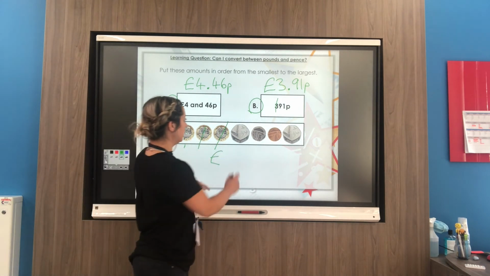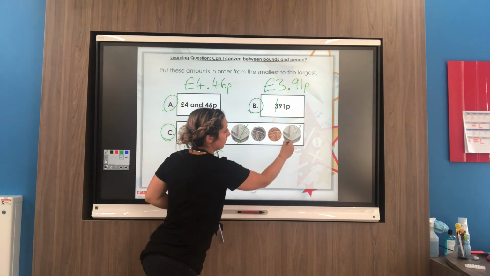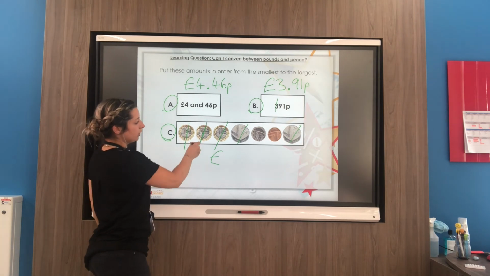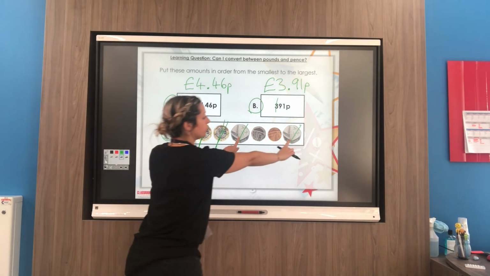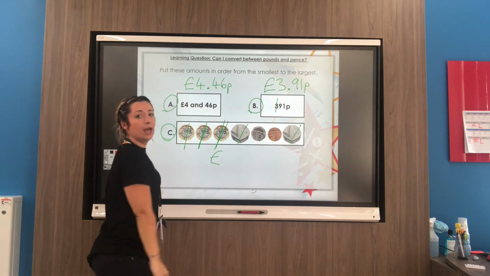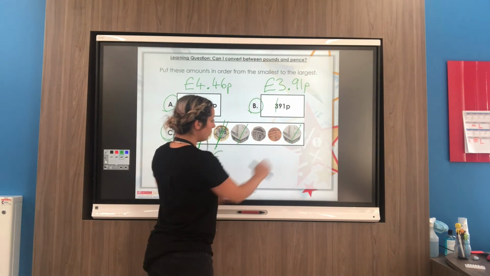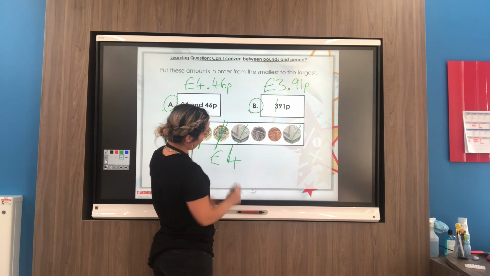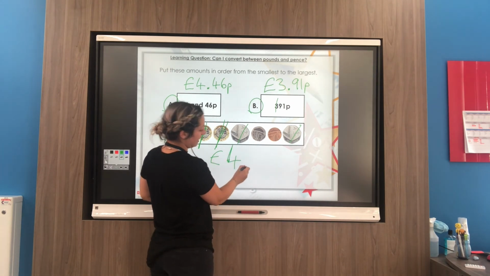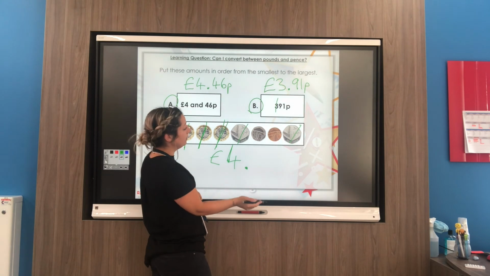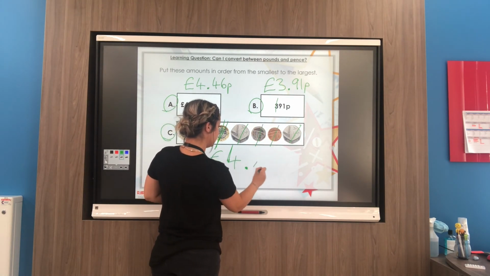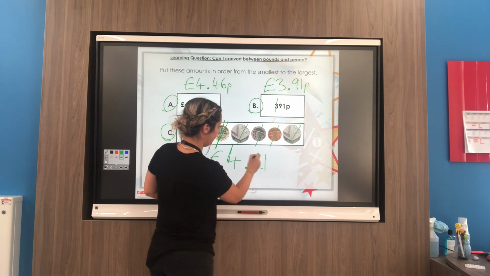I've actually, because with this one and this one, I've actually got £4. And now let's have a look what I've got for my pennies. Separate them with the decimal point. 20 and 1 is 21.